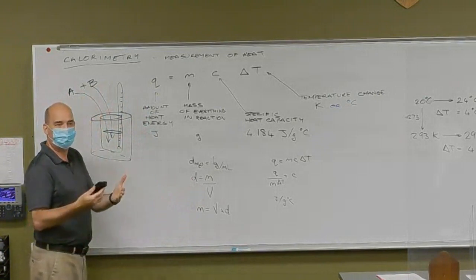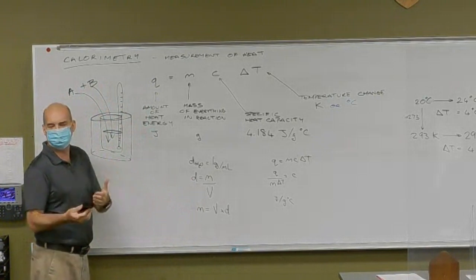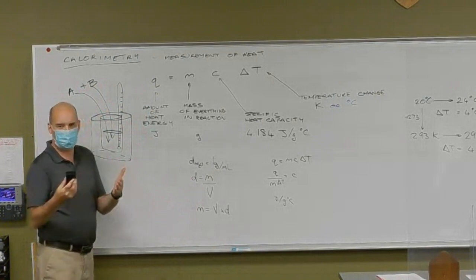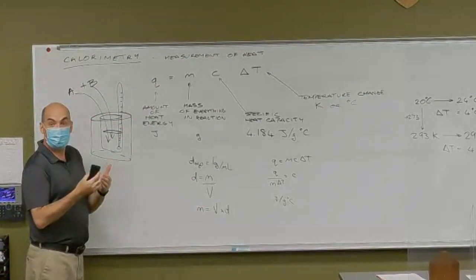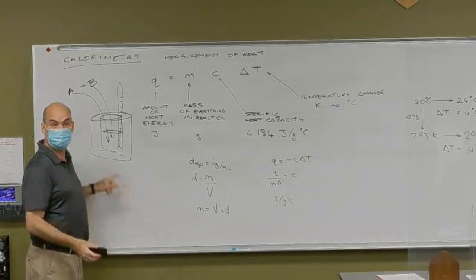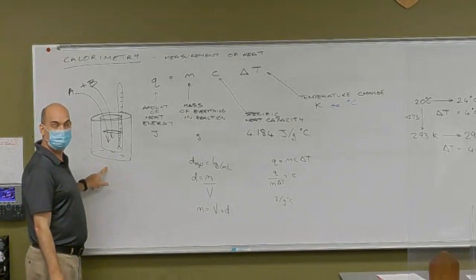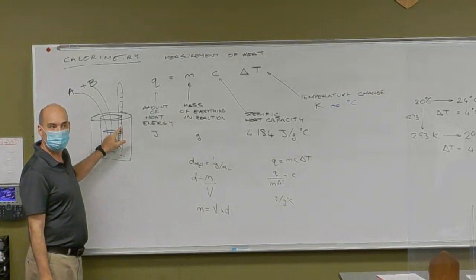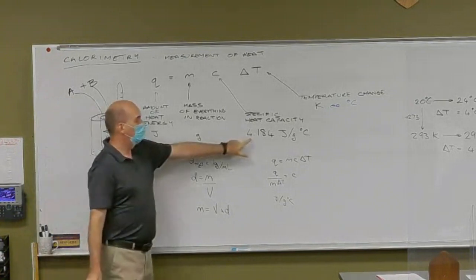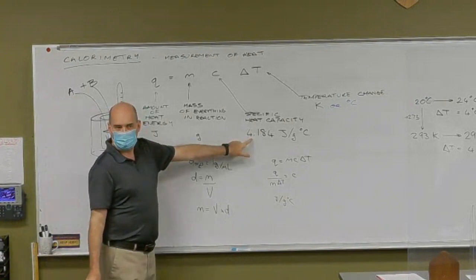And when the acid and the base react with each other, and all acid-base reactions are exothermic, they all give out heat. When they react with each other, the first thing that they do is give that heat to what they're dissolved in. So they give it to the water, and then the water passes it along to the thermometer. That's the heat capacity that we have to think about.